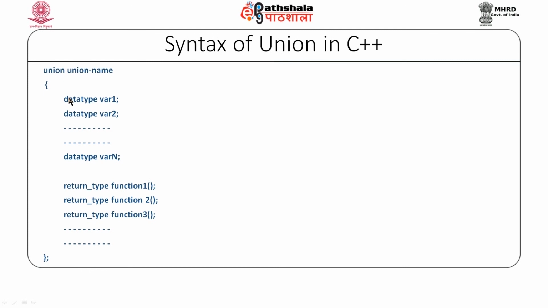Now, these data members will share the memory, which means at a time only one of them will get the memory, and in the variable of this union at one time either we will be able to store this data or this data or this data, but all together cannot be stored as we are able to store in the structure. And as you can see, the extension of union in C++ is that it can also have the functions as the member of the union.